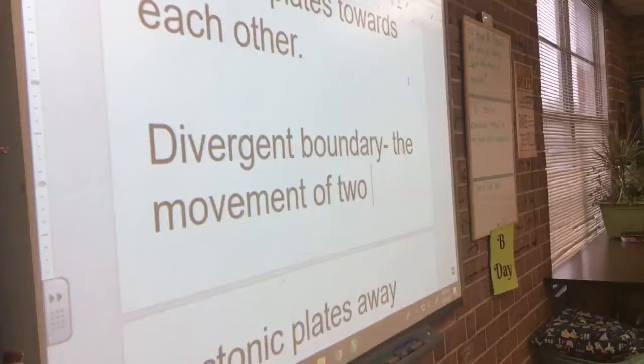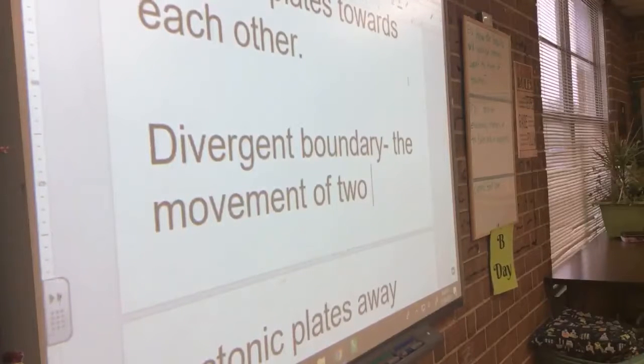A divergent boundary is where two tectonic plates are moving in different directions, or away from each other. They're separated. This usually happens under the oceans. There are a couple places on continental plates where this is happening, like in Greenland.